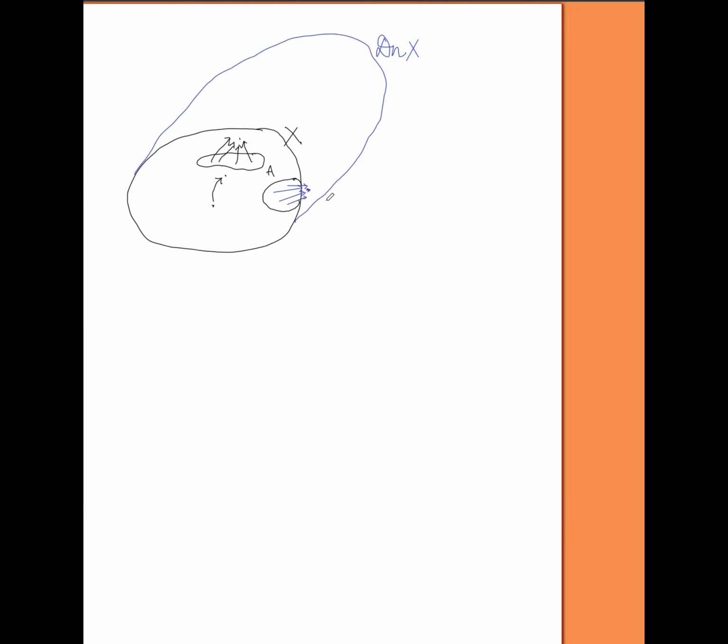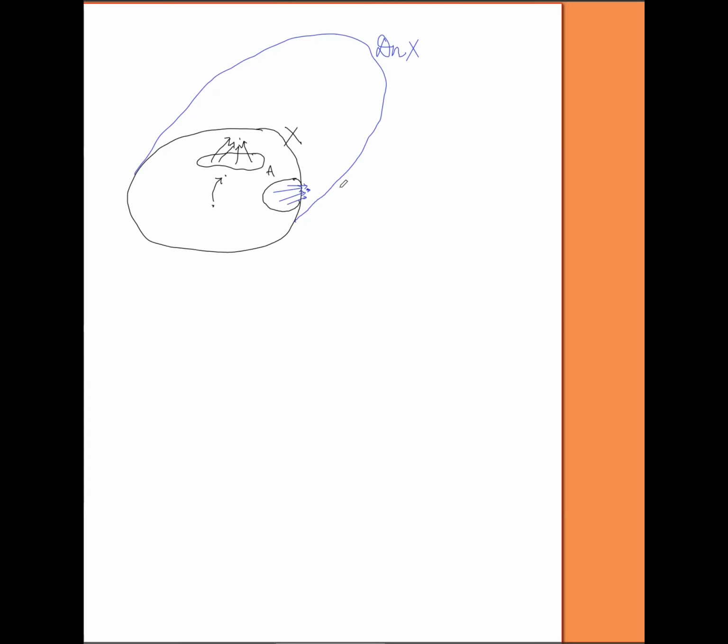Okay, so that's what I have done. So there were certain gaps, certain incompletions within that poset with respect to certain subsets.